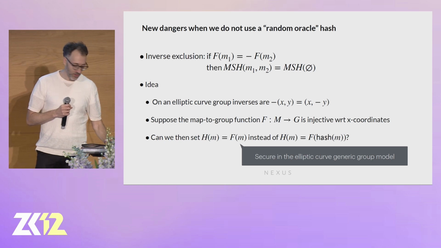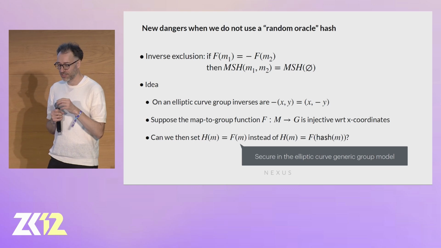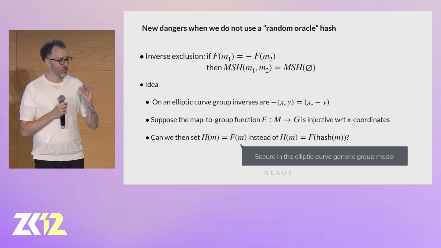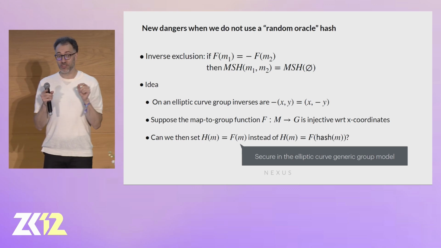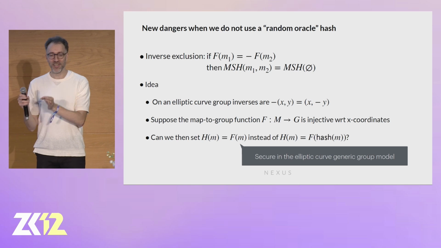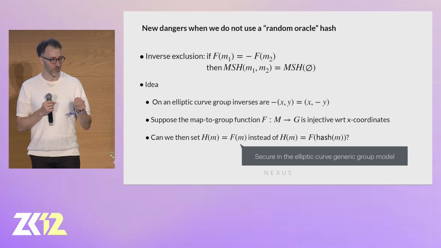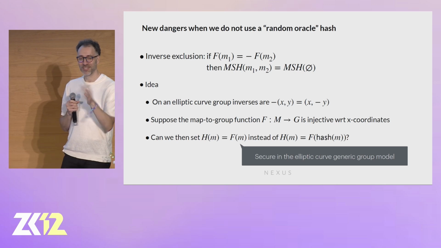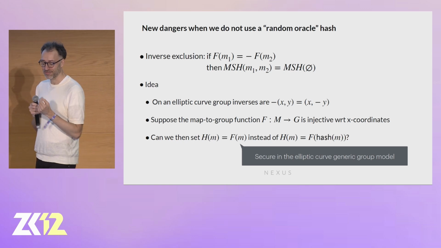So there's one other thing we need to be careful about now when we don't have this hash function inside to make things look random. You may be able to find two elements where one maps to the inverse of the other, because in an elliptic curve group, it's very easy to take the inverse of a point by flipping the y coordinate.